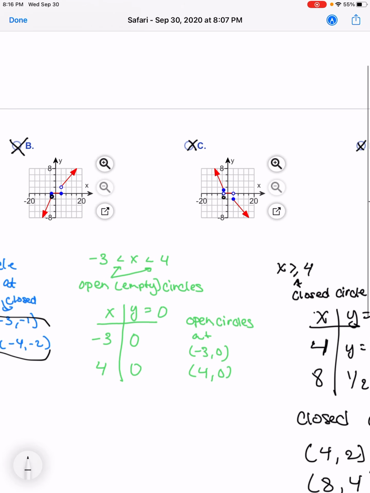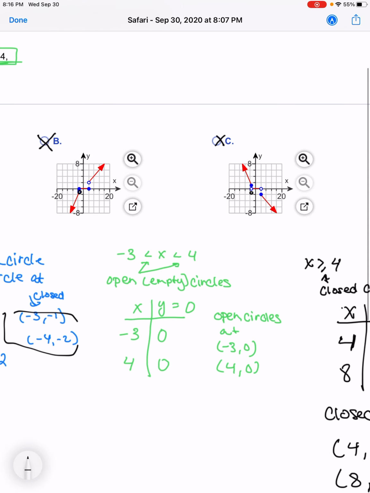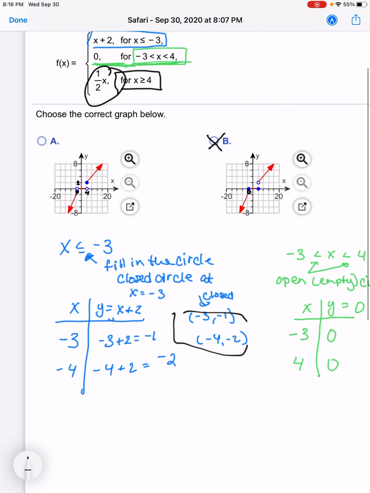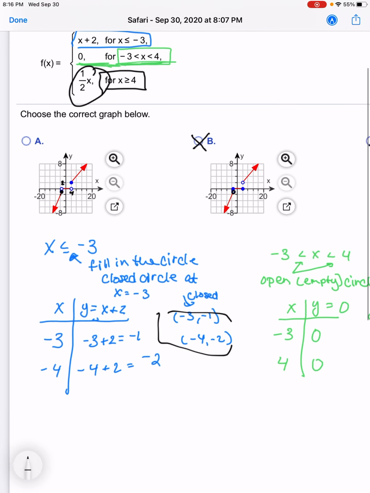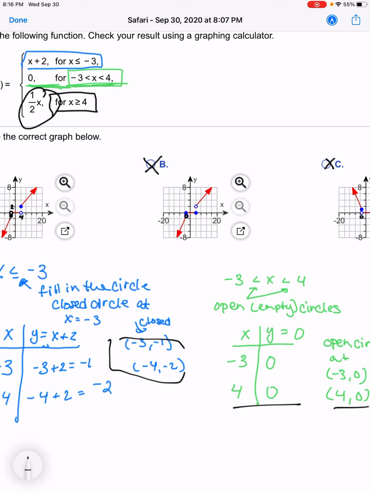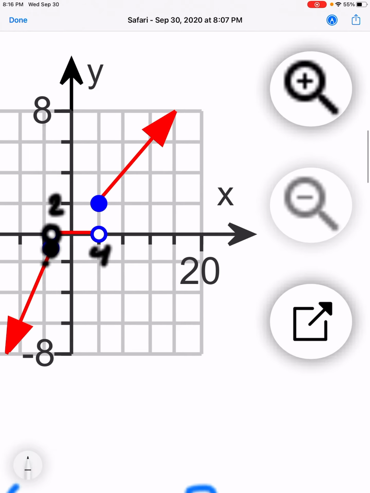Now I want you to notice at -3, 0, A does indeed have an open empty circle. And likewise, at our other point, 4, 0, this choice also has an open or empty circle.